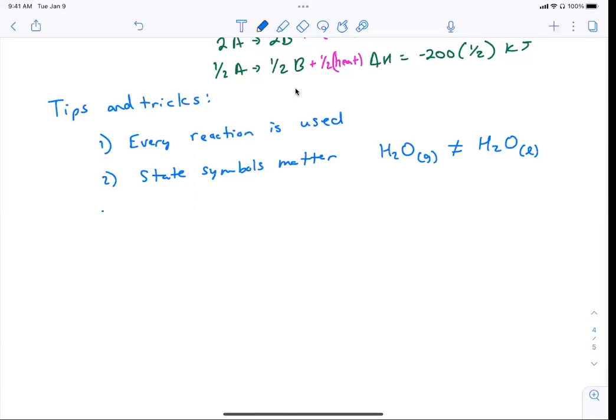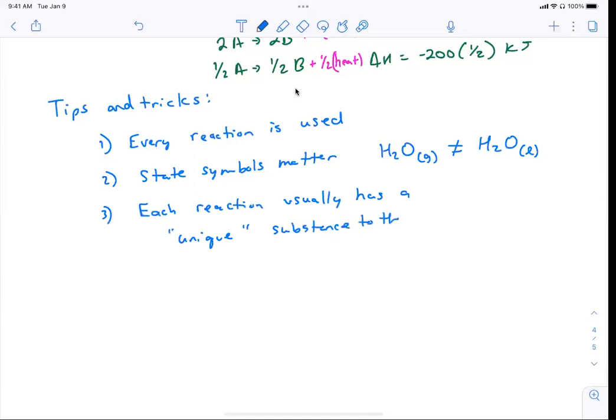Three, each reaction usually has a unique substance to the overall. And I'll explain to you what that means in a second. So you're given like 3 or 4 reactions and you have to come up with delta H overall.